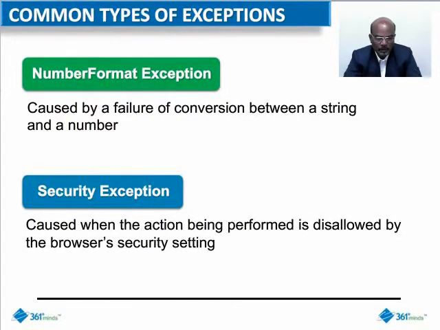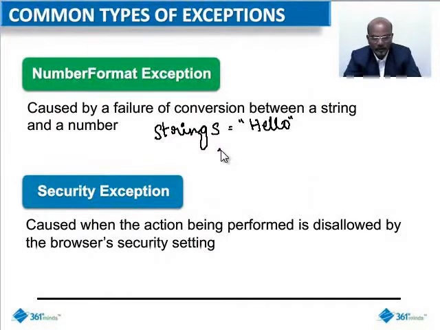The number format exception is caused when you are trying to convert a string into a number. Suppose you pass a value of hello, and now you are trying to convert this into a number. An integer is a number from 0 to 9, and a character or a string cannot be converted into a number.